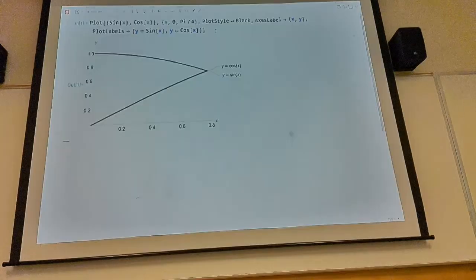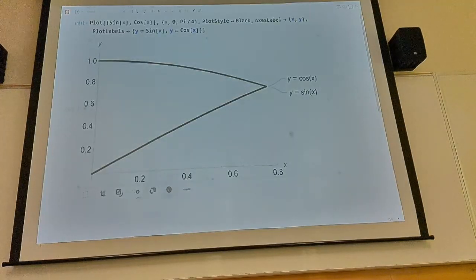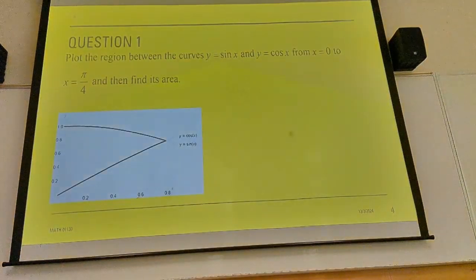So there is the region. We're trying to find the area of it.